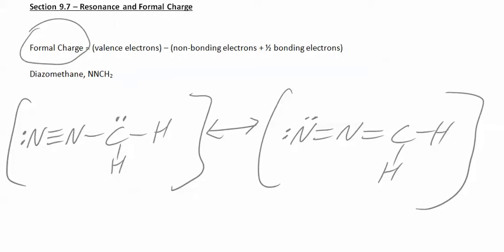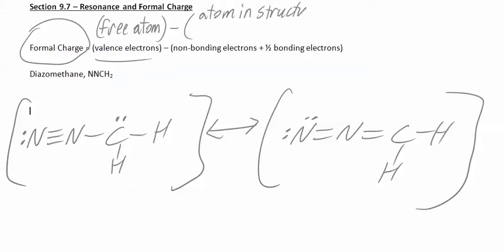To calculate formal charge, first we look at the valence electrons. That's how many electrons the free atom has just by itself, if it were alone and neutral. Then we look at what the atom has in the molecule, in the structure. There are two ways that we see electrons in the structure.